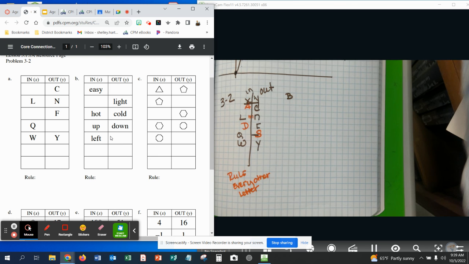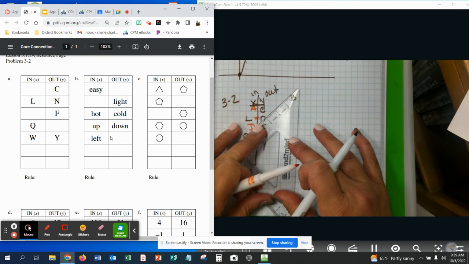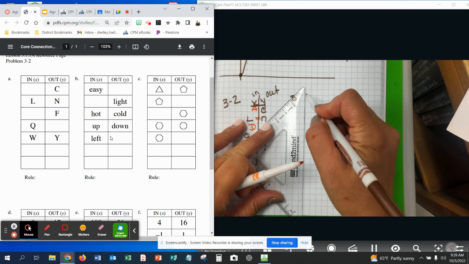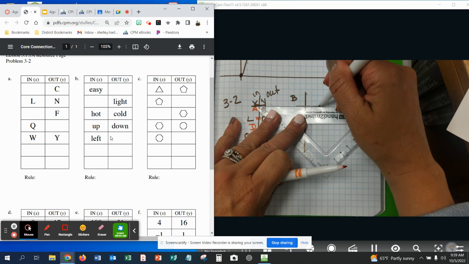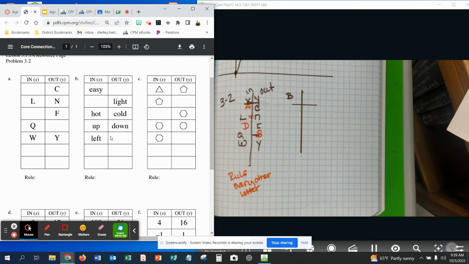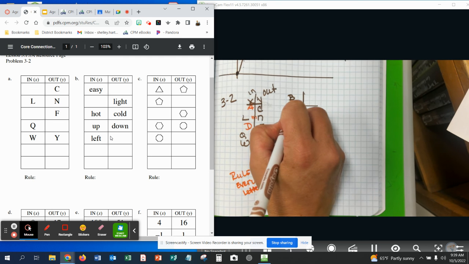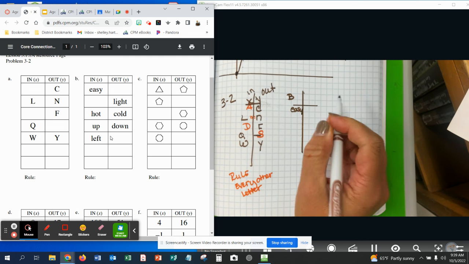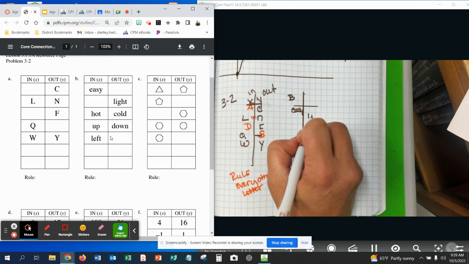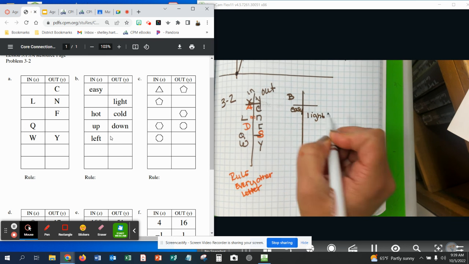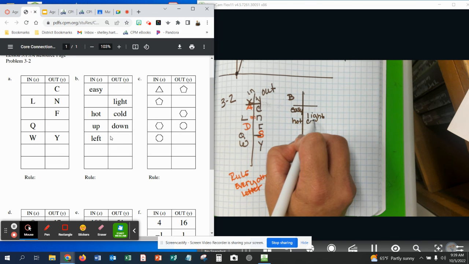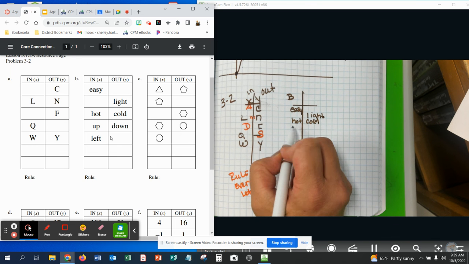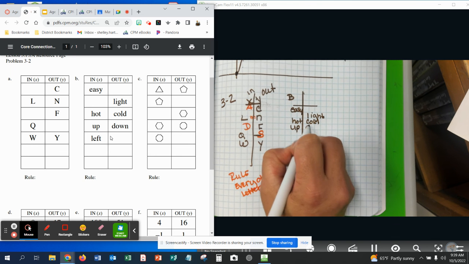We have another X and Y table. All right. So our N, the first one is easy. And then on the other side, we have light. And then we have hot and then cold. Up and then down.